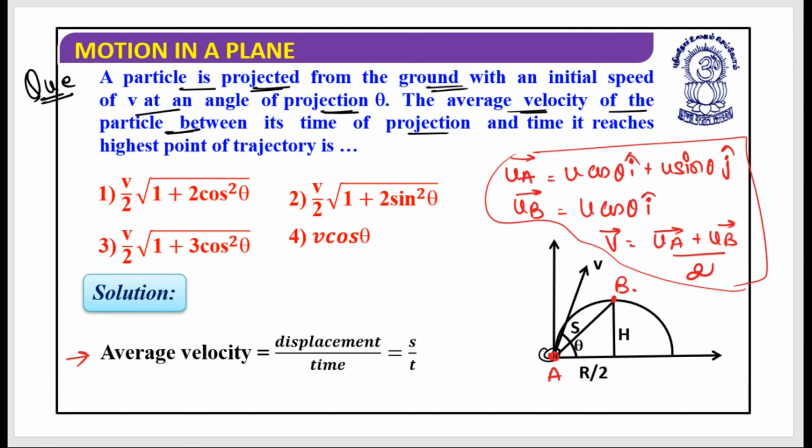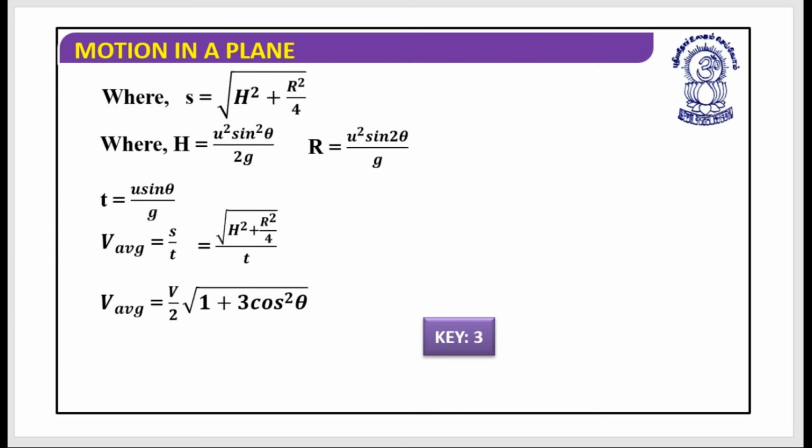Let's have a look. Average velocity is displacement by time, and the displacement I have mentioned as s. So V equals s by t. Now what is s? If you observe this carefully, this is half of the range, this is h max, and this is s.